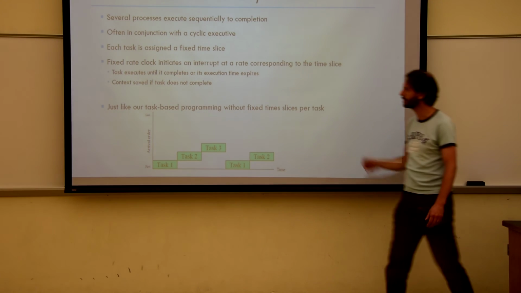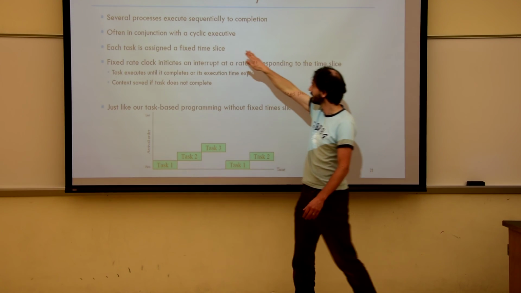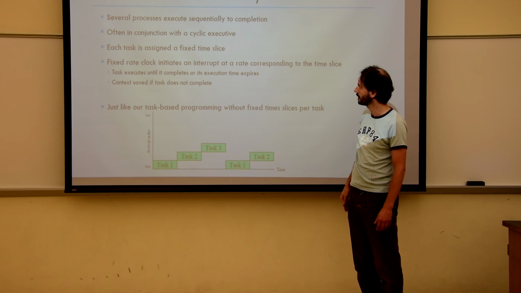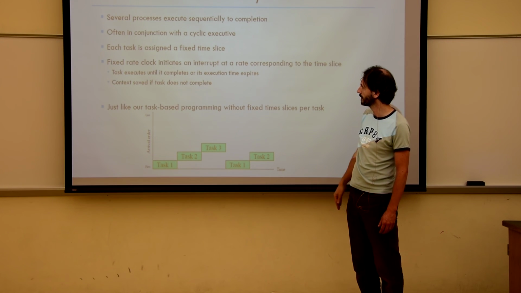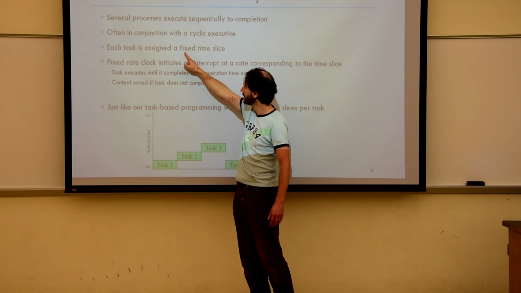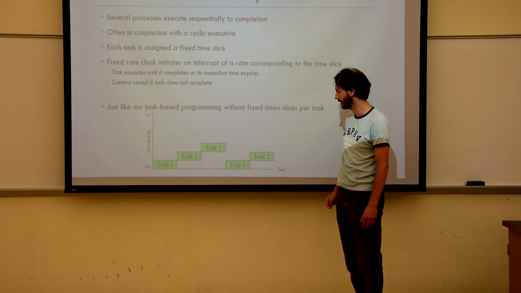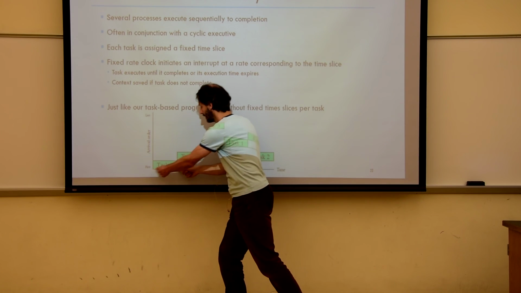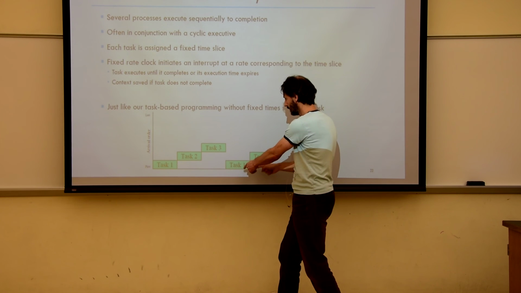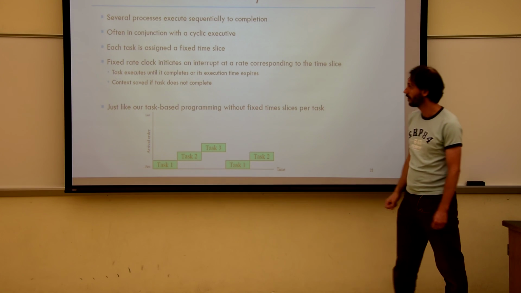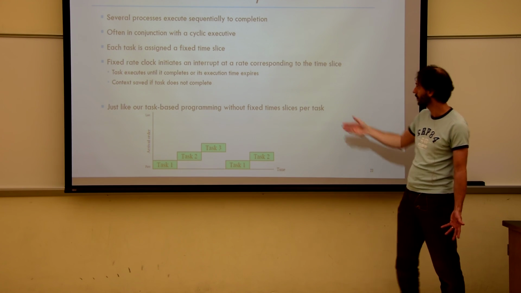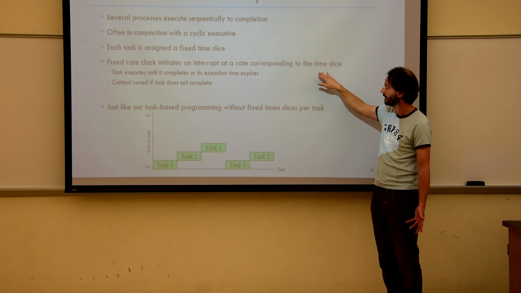In round robin systems, several processes execute sequentially to completion, often in conjunction with a cyclic executive. The difference is that each task is assigned a fixed time slice. So I have a fixed time slice, and then I context switch out, and then I context switch in, and so forth. You have a fixed rate clock that initiates an interrupt at a rate corresponding to the time slice.